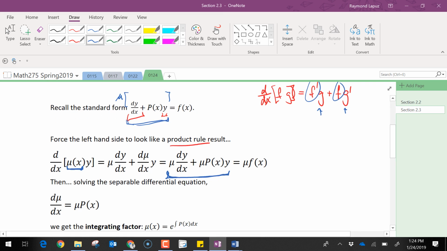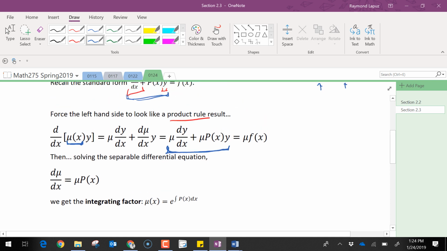So for this to make sense, this is kind of like the legwork to show what we need to get. And then for this to make sense, we have to find a specific function for mu. Yeah, mu is a function. So it may be a constant, but a lot of times it's going to end up being a function.